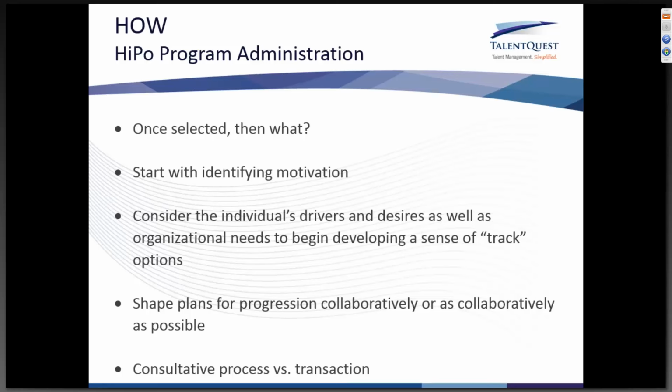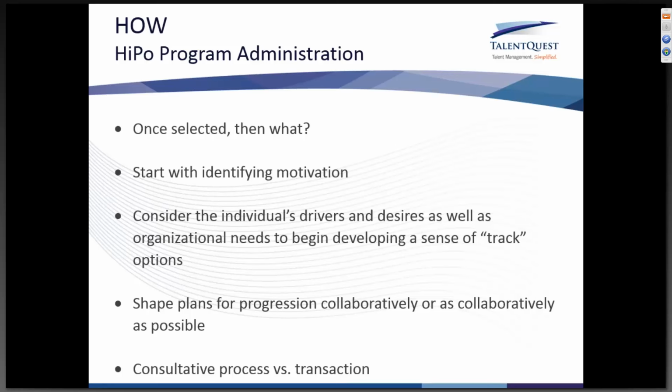But it's important, and I bring this up because the best high potential programs are generally a consultative and collaborative process versus some sort of transactional dictate. I think there are all too often programs and ways of managing folks that are much in the vein of, if you do this for us, we will give you that.